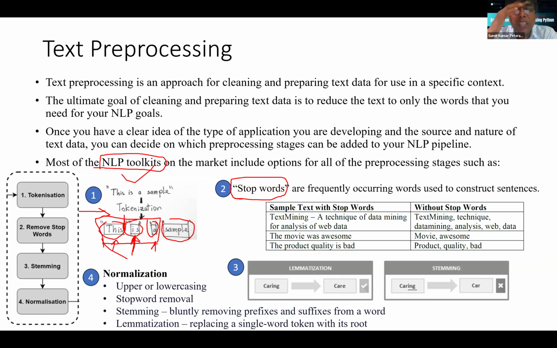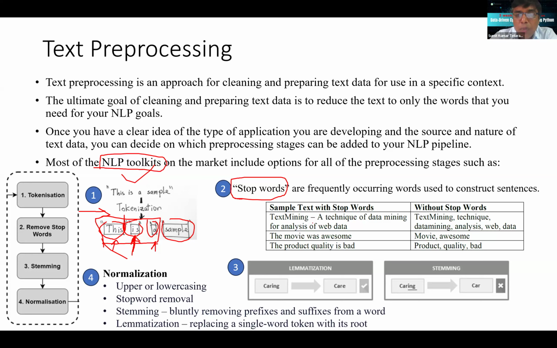No need to keep them. We only want important words. Using those important words, we are going to analyze or further process. And that is the stop words. You can see sample text with stop words.